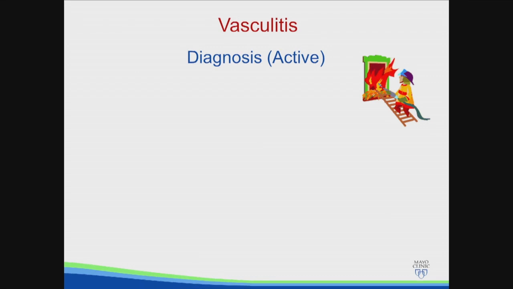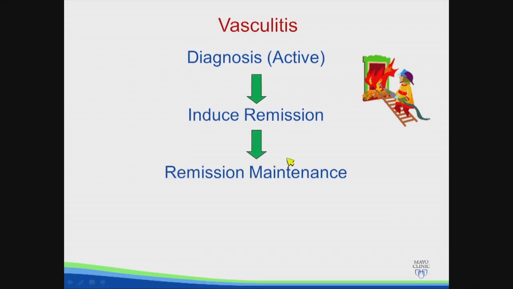And so when somebody's newly diagnosed, of course, their disease is active, right? The blood vessels are inflamed, and we want to put out the fire, so we say we want to induce remission. So we want to put out the fire, quiet the disease down, but then we want to keep the disease in remission, because in some of our diseases, there are always some embers sitting there in the blood vessels, which can then cause a flare-up and recurrence of the disease.